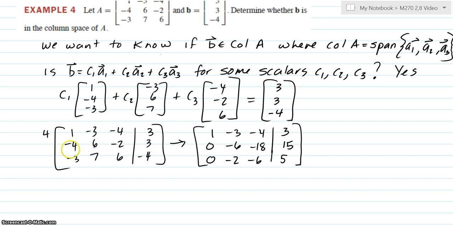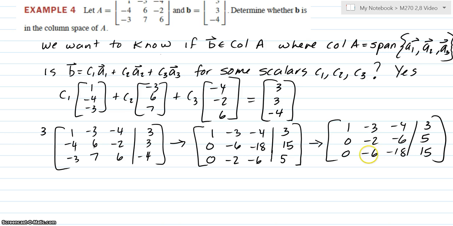Taking 4 times row 1, adding it to row 2, you should get 0, -6, -18, and 15. And then doing the same thing with the last row, taking 3 times the first row, adding it to the last row, you should get 0, -2, -6, and 5. Now I'm going to switch those second and last rows.